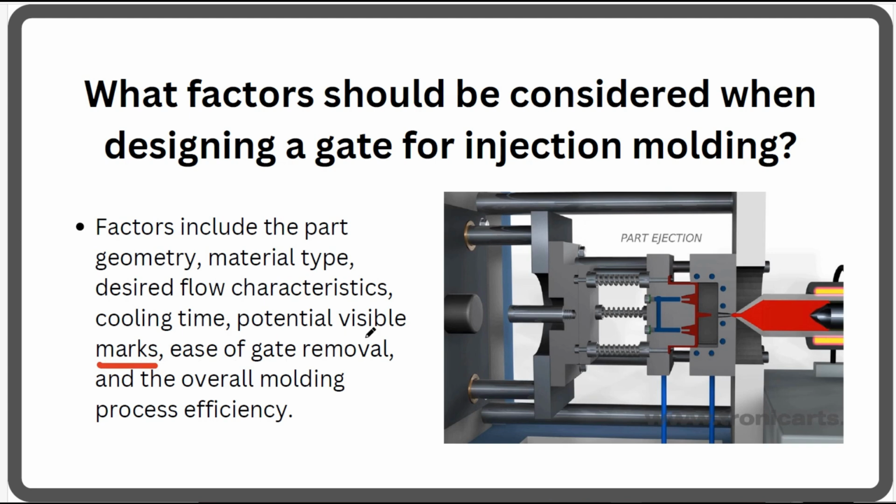These are the factors we need to consider while working on injection molding, particularly on the gate system. So overall, we need to properly focus on the molding and process efficiency.